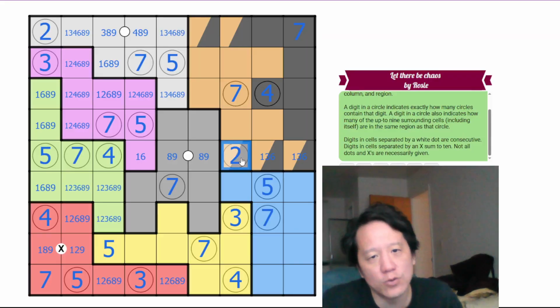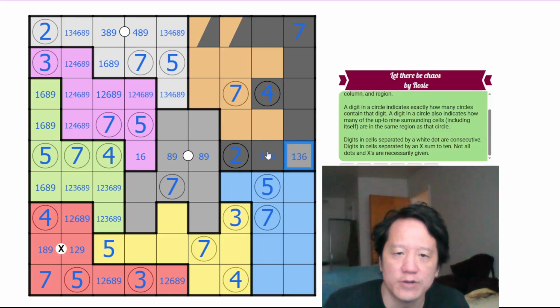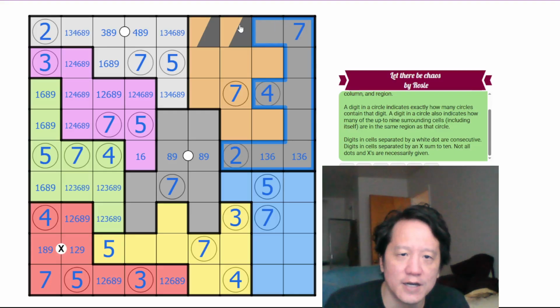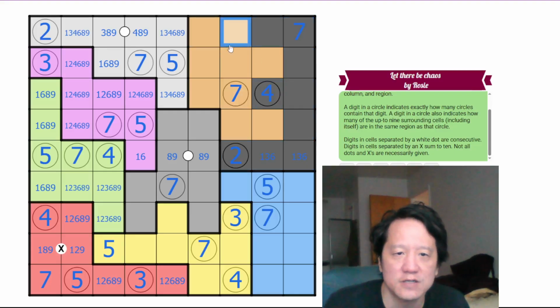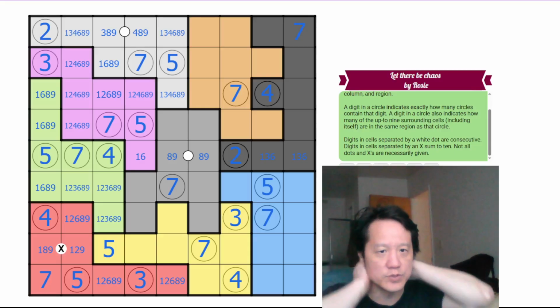This cannot be orange here then, because that would have more than 2 surrounding it when it's orange. So this must be dark, which means dark has to go all the way around here. So we have 1, 2, 3, 4, 5, 6, 7, 8, 9. That leaves the rest of these as not dark. And these are the regions we have. And so now we just have to do normal irregular region Sudoku here to make this work.